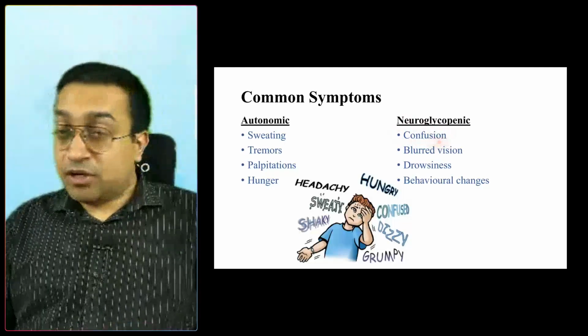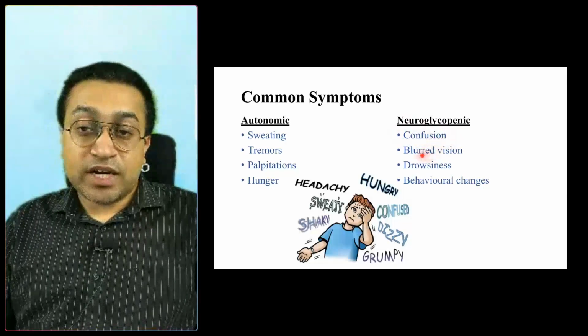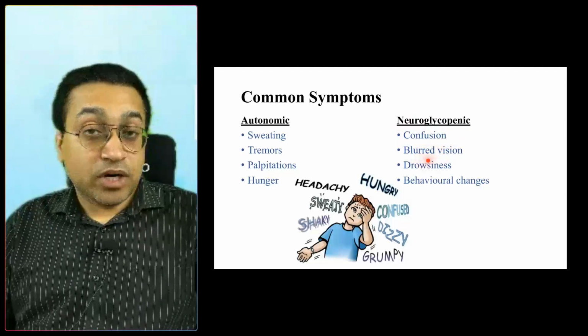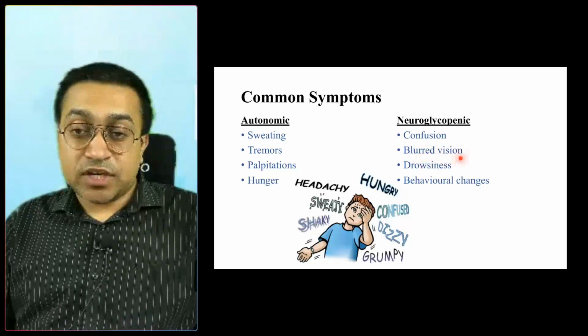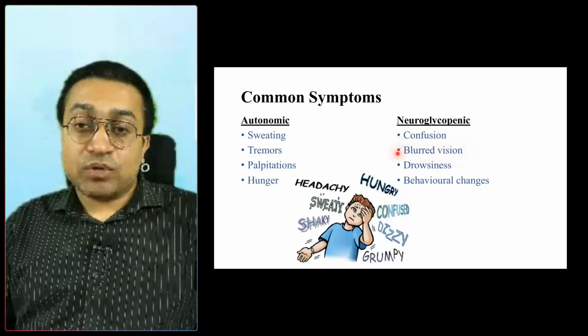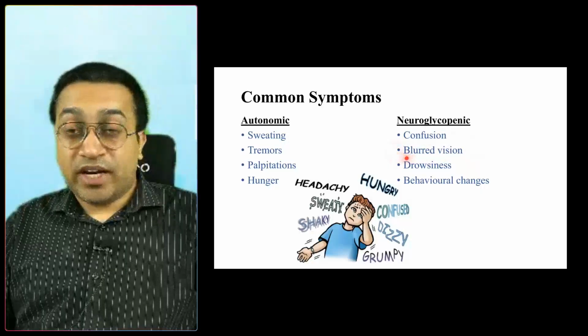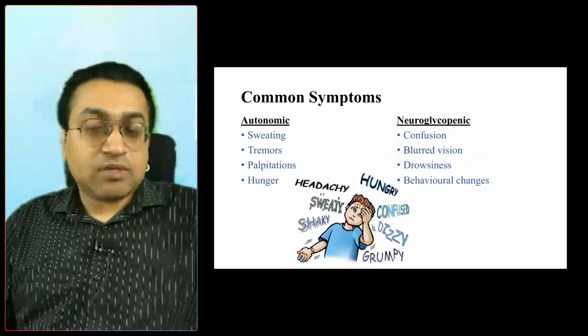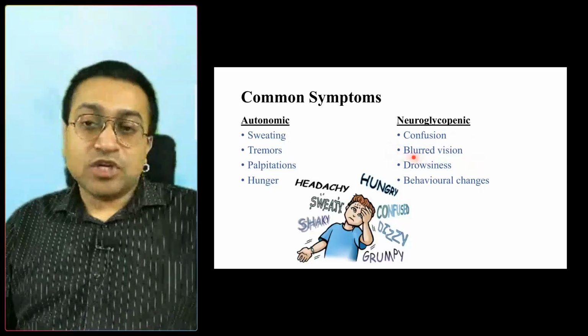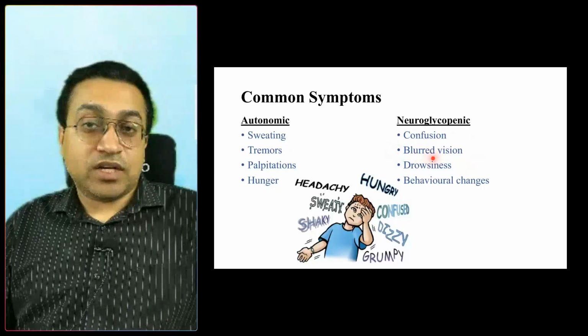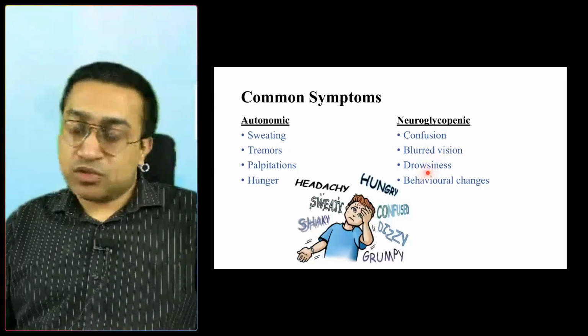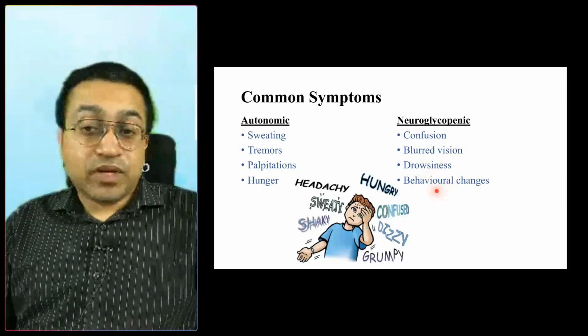Please remember, confusion is something which you will notice, and the patient may also complain of blurred vision. This is something which I have seen in patients reporting to me for hypoglycemia episodes. So blurred vision is something which you have to actively ask. Sometimes the patient does not reveal these symptoms, so you have to be proactive in asking. Then drowsiness, the patient will definitely tell you. Behavioral changes can happen.